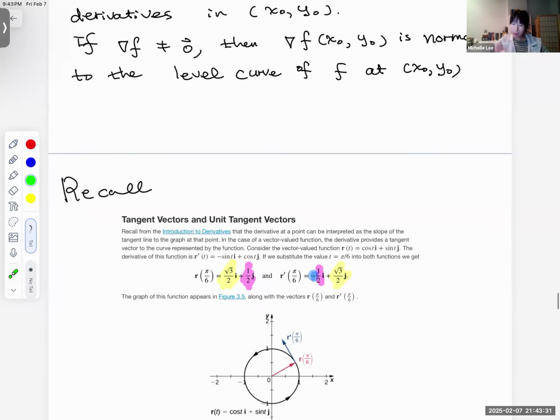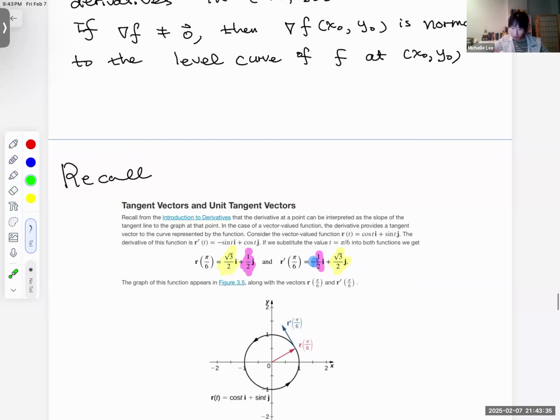So recall the tangent vector. If we have a vector in R^2, then we have these components from cosine pi over 6 and sine pi over 6, right?